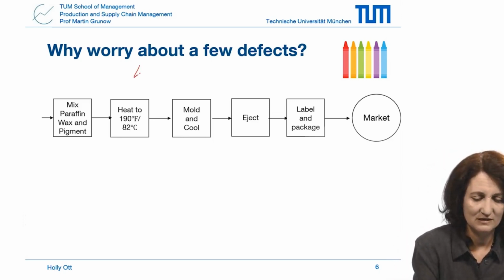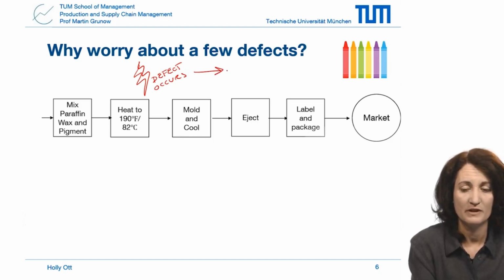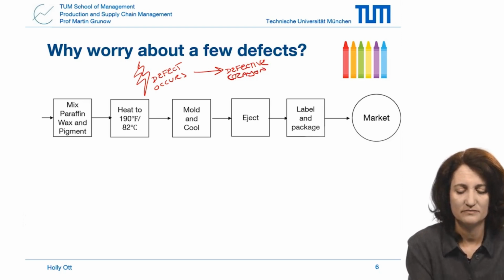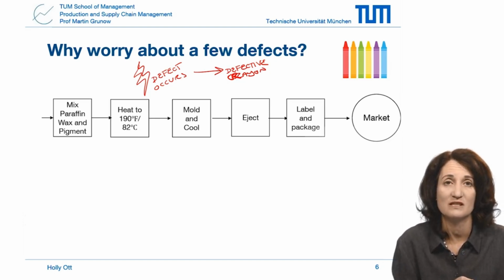Let's just arbitrarily draw where the defect occurs. And this leads, in my example, to a defective crayon. Defective product, or if we were a service process, it'd be a defective service.